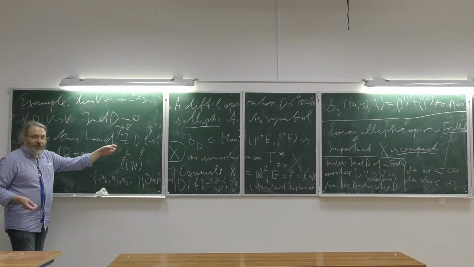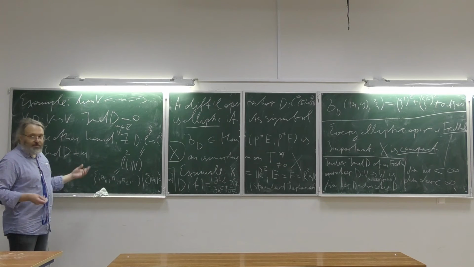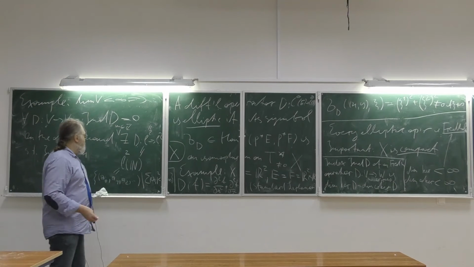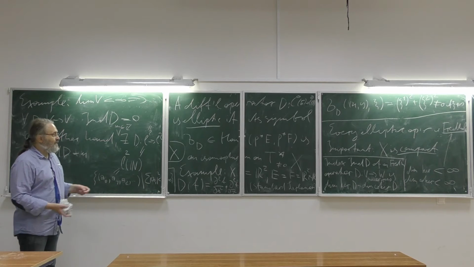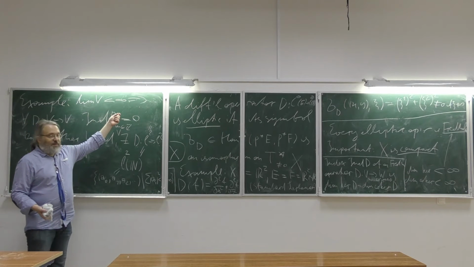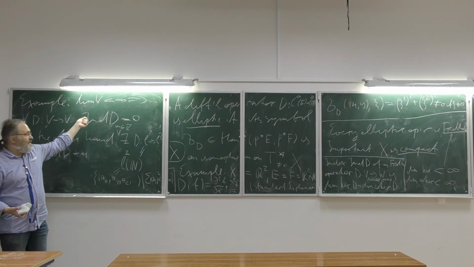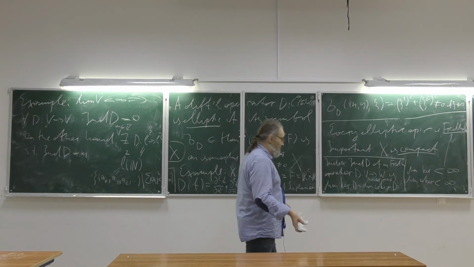On the other hand, the co-kernel is zero-dimensional. So we get 1 minus 0, which is 1. Okay. It makes sense to consider the index for linear maps between infinite dimensional spaces.